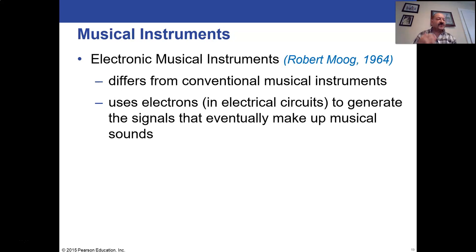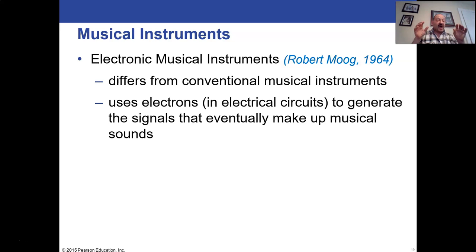All right. So there's another category of musical instrument, the electronic musical instruments. And the first one was invented by Robert Moog in 1964, and it was called the Moog synthesizer. And it was very popular with musicians back in the 60s because it was a way of making synthetic music without your typical blowing into an instrument or hitting an instrument or using reeds or whatever.